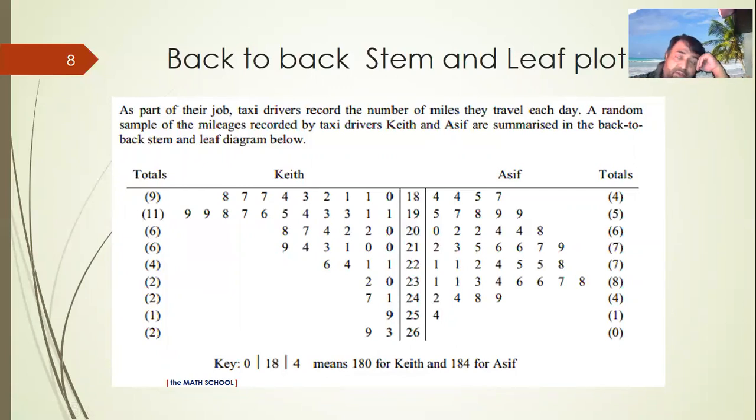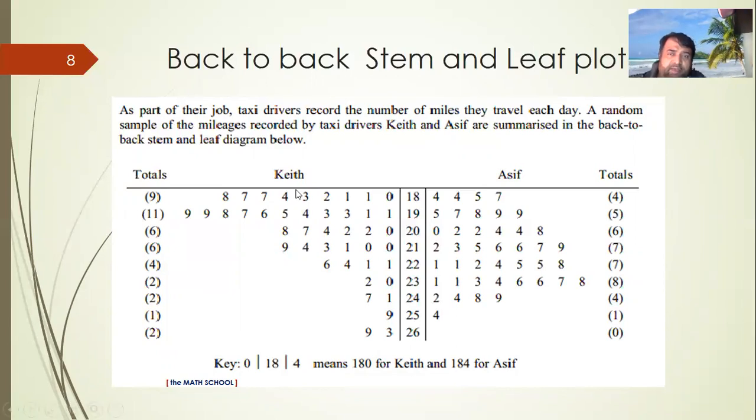So the rule is, always remember, unit place data will be kept in the leaf. For hundreds, the unit place would be kept in the leaf, and the 10 and 100 place will be kept in the stem.